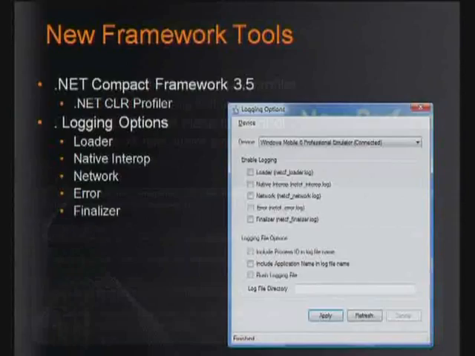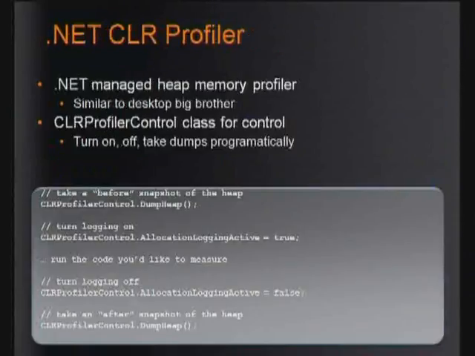The profiler is a heap memory profiler. It does more or less what we've done with the Remote Performance Monitor. It detects what is in memory, but it also shows you references back to the GC root. There is an API that you can use to control what the profiler does with an application as it's executing.